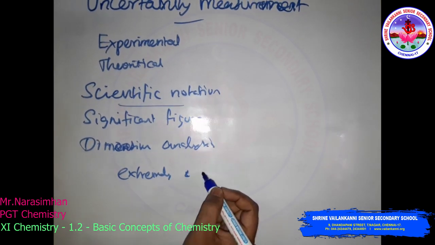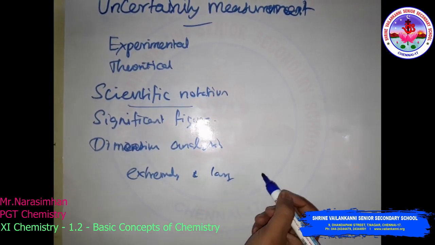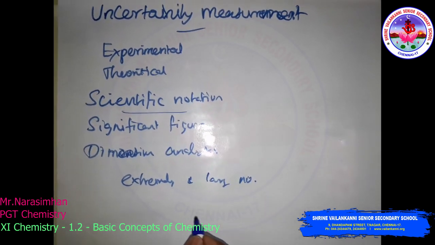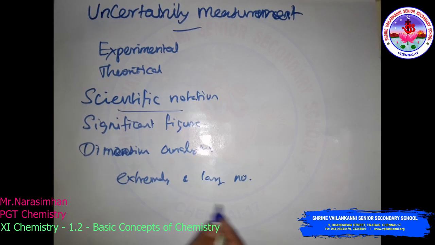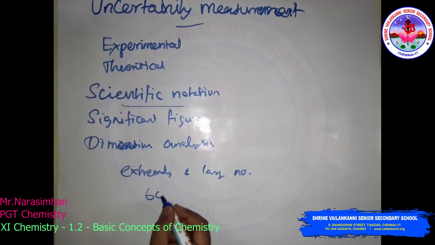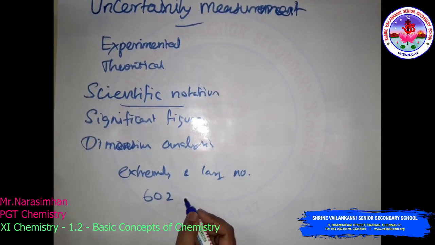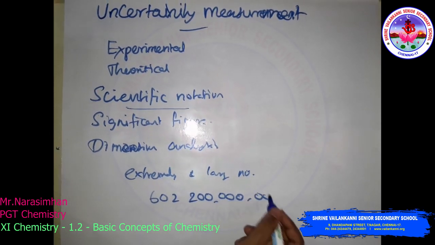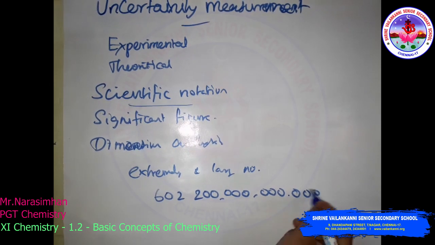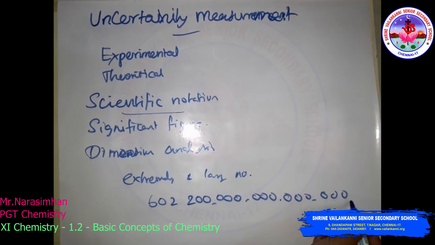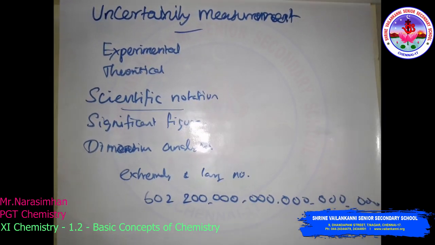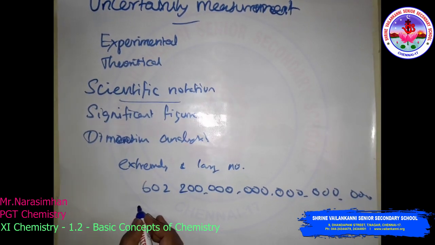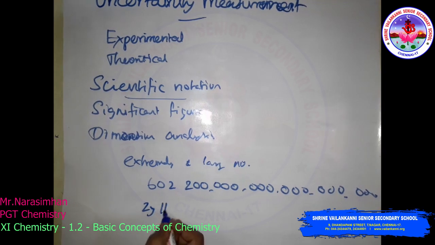For example, a chemist deals with large numbers like 602200000000000000000000, going on like this. There are that many molecules in 2 grams of hydrogen gas.